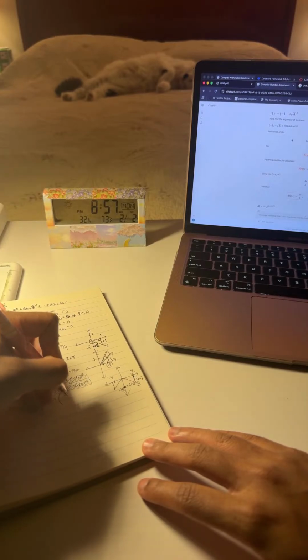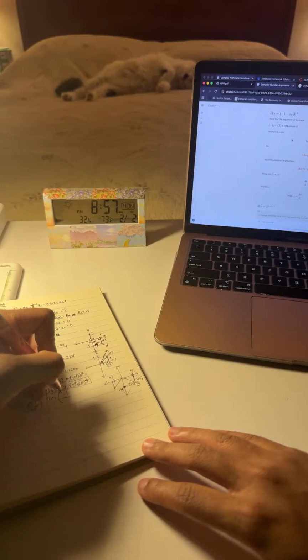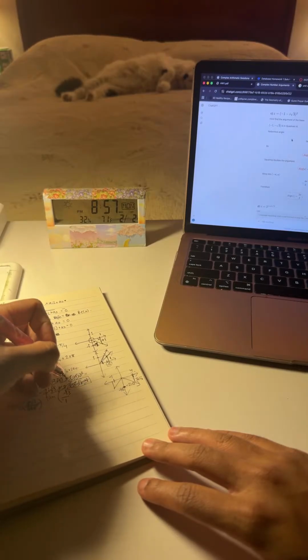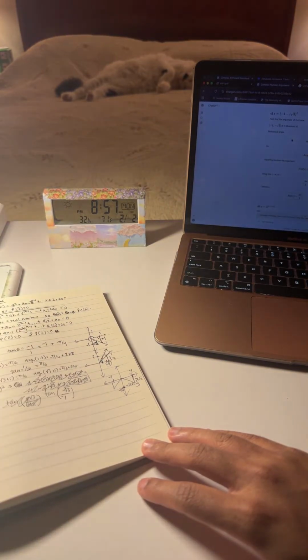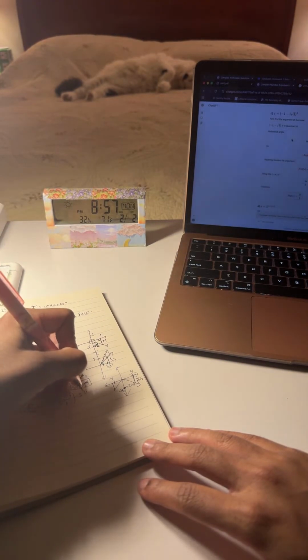So tangent of negative i will be adjacent over opposite. Negative root 3 would be up here, and then the 1 would be down here. So tangent of root 3 would be pi over 3.